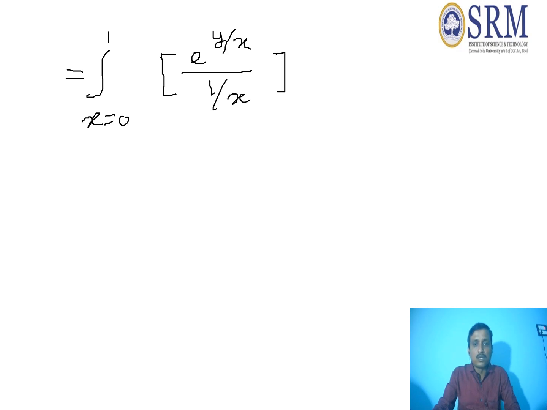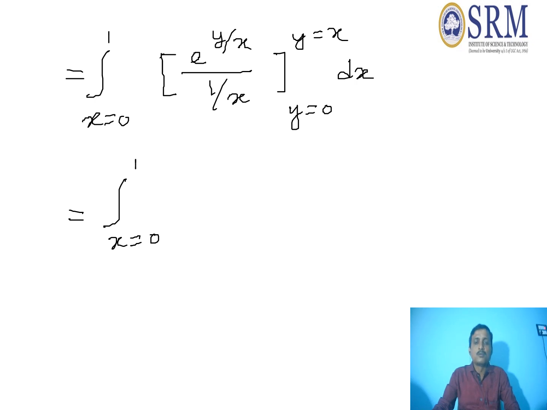You have to write the limits for y: y is 0 to y is equal to x, and dx is there. So y is done, and we substitute the y limit, but x we will do later. So x is equal to 0 to 1.